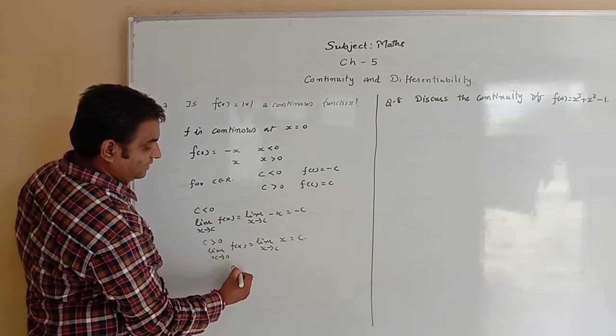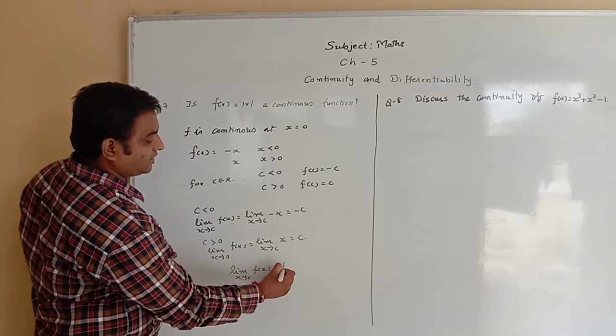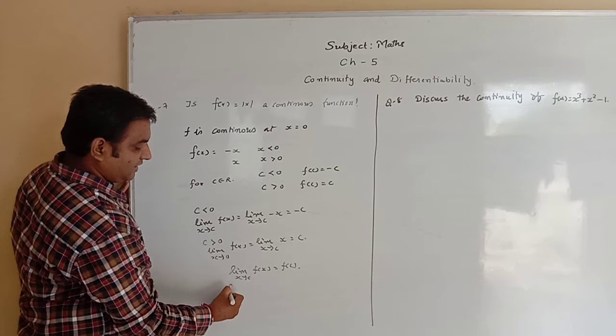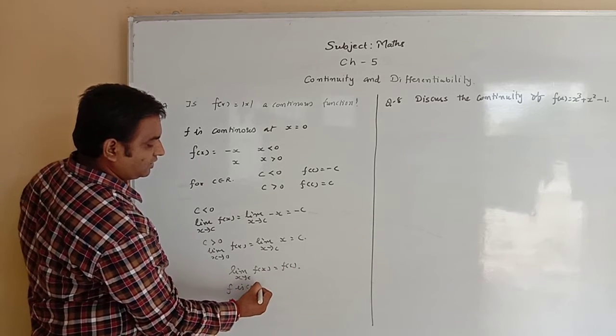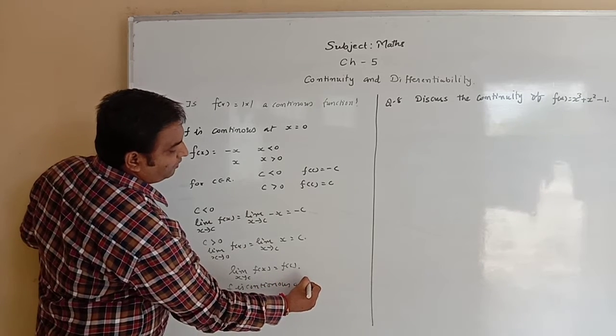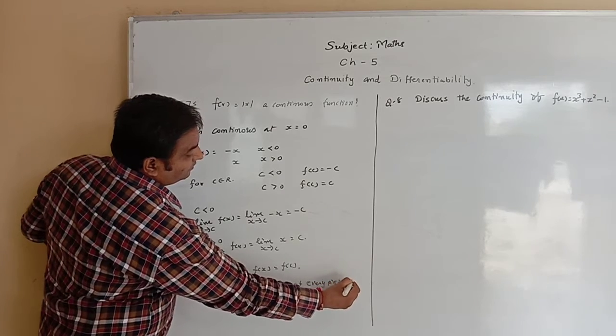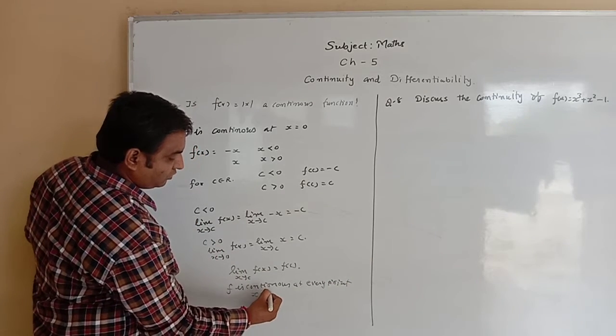And so in each case limit x tends to c, f(x) equals f(c), and so we can say that f is continuous at every point of x belongs to R.